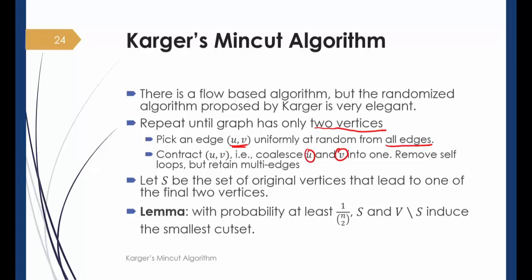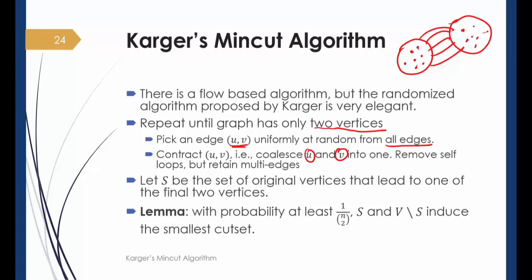So, each super node was formed by smaller super nodes or original nodes. We keep track of all of that, and finally, we will be left with two vertices after n minus 2 contractions. And so, we will be left with two super nodes, if you will, with possibly several multi edges going across them. But each of these super nodes actually is made up of several original nodes.